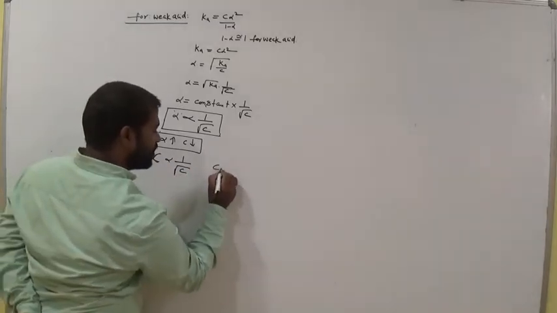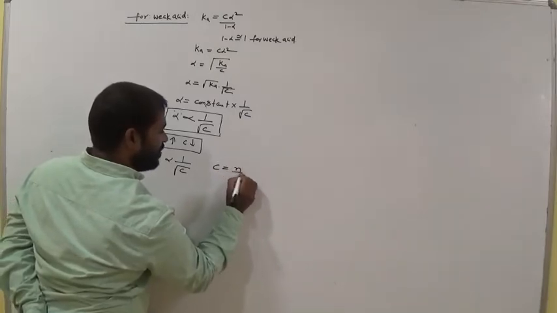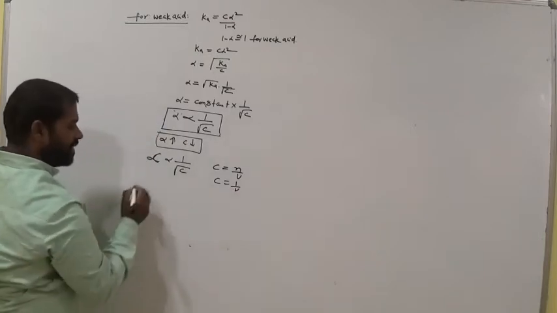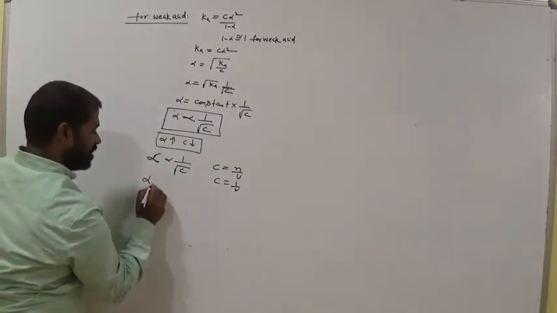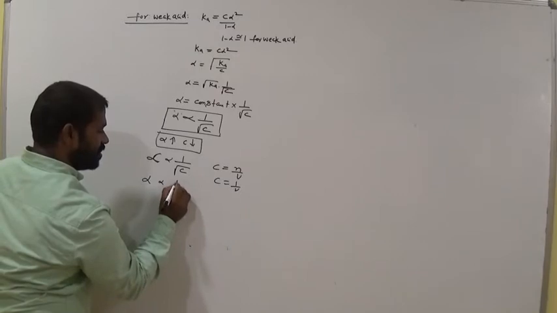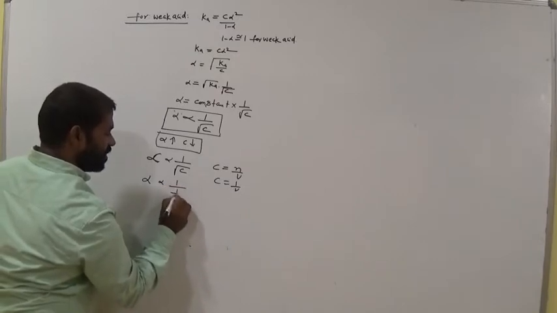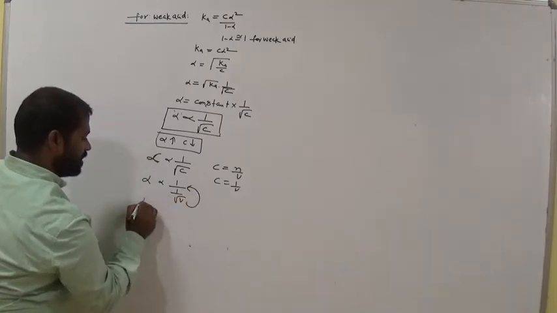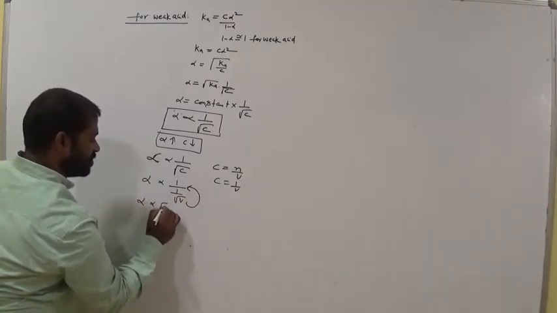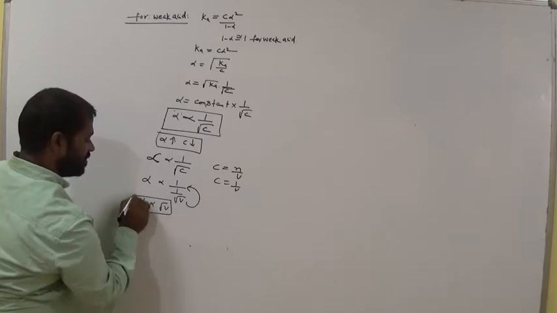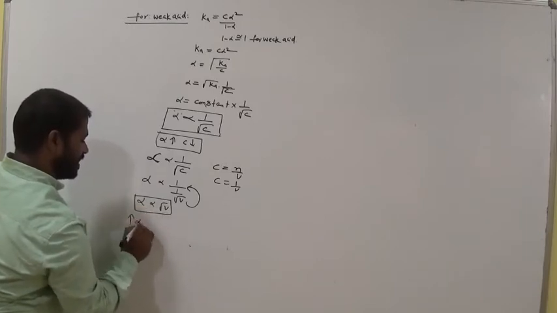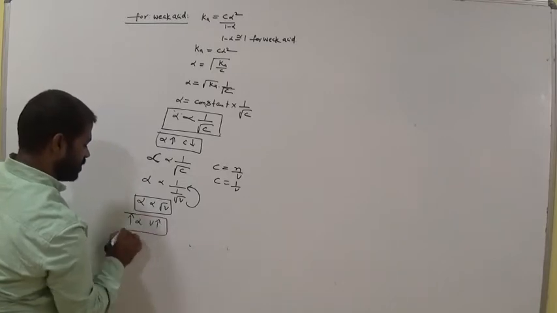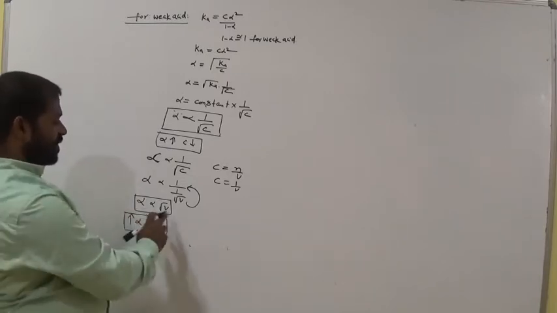But C equals n by V, where n equals 1, so C equals 1 by V. From this, alpha is directly proportional to 1 by square root of 1 by V, which gives alpha directly proportional to square root of V. That means alpha increases and V also increases, a directly proportional relation.